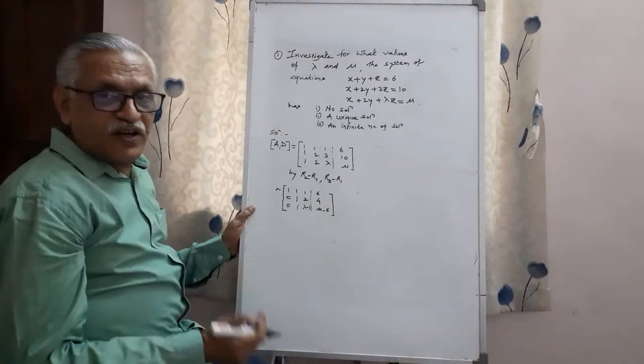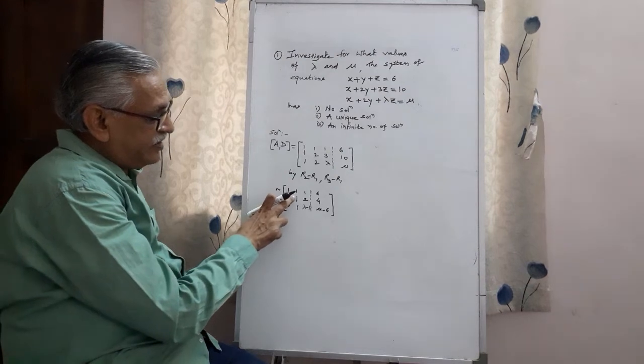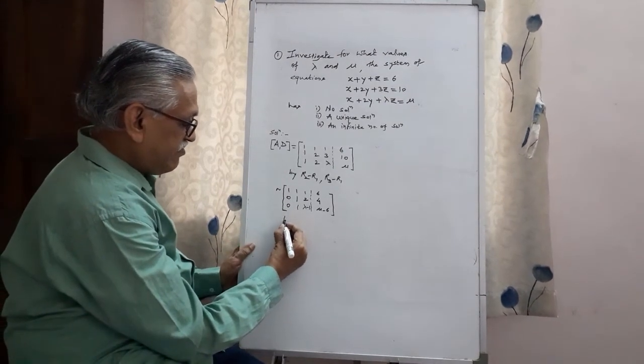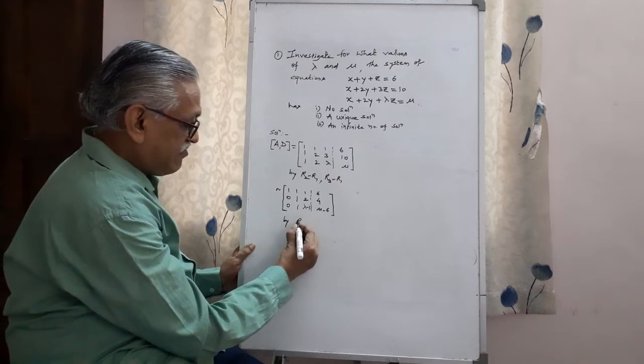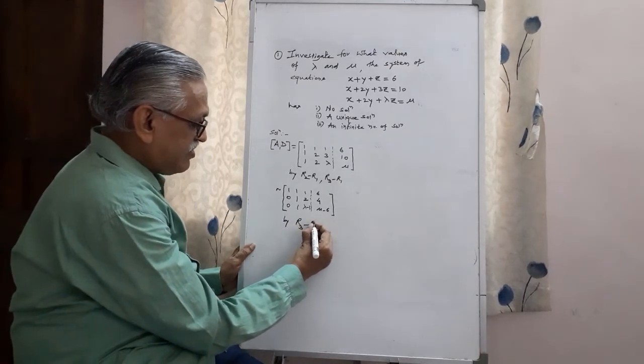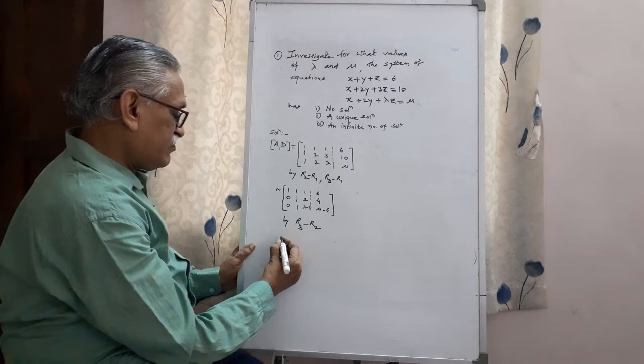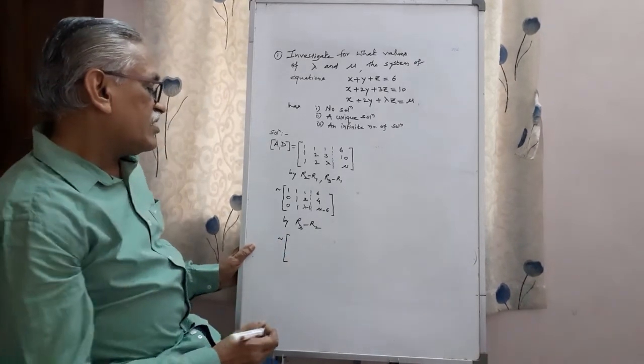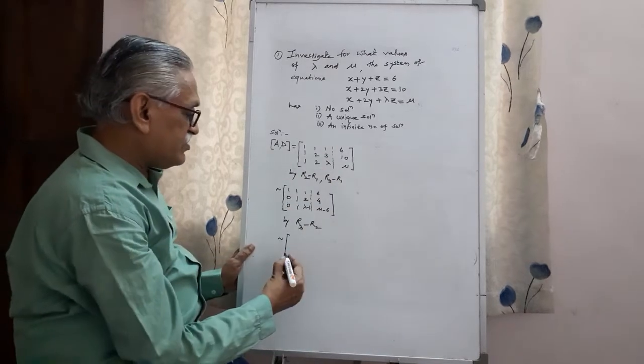Second diagonal is 1, non-zero, and then using this one we convert it to 0 by R3 minus R2. First two rows change.